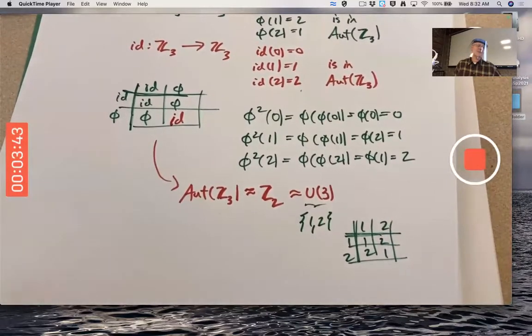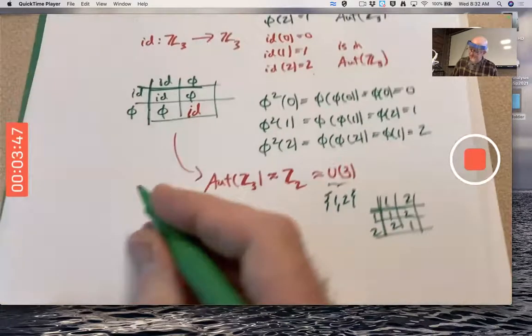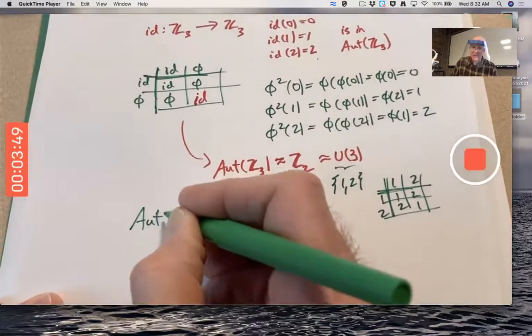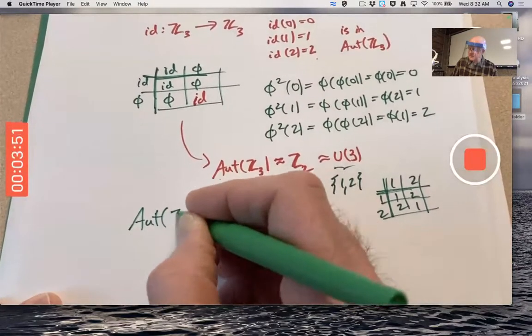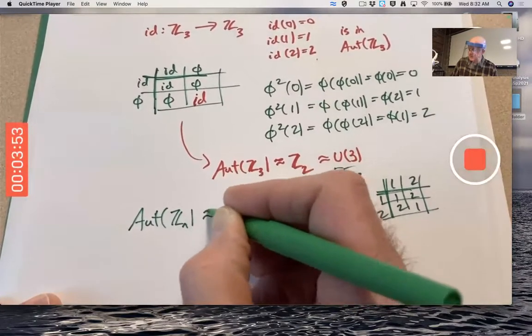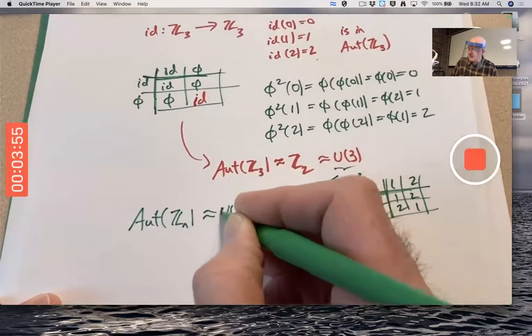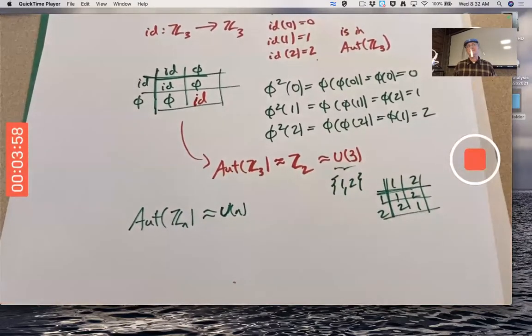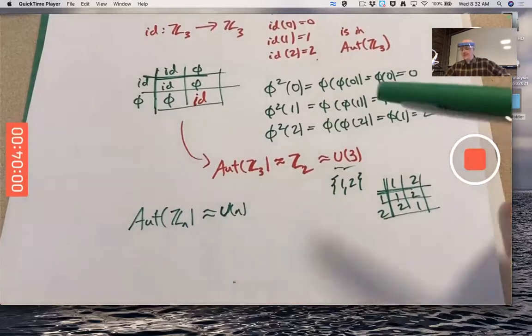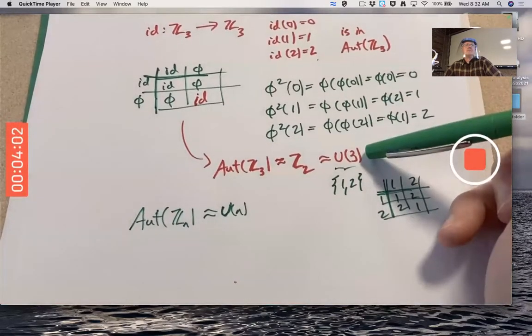And there's an example of the more general fact in the book that in general, the group of automorphisms of Zn is isomorphic to U of n, which is not necessarily always cyclic. This example happened to be cyclic.